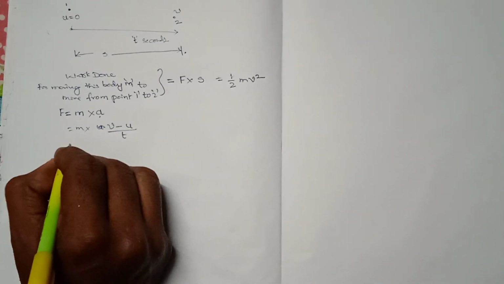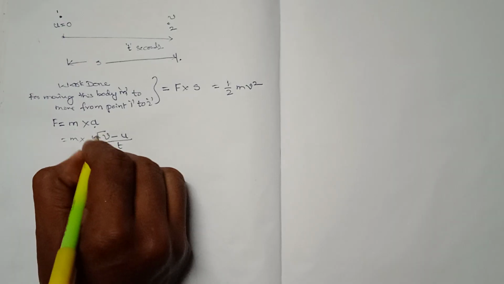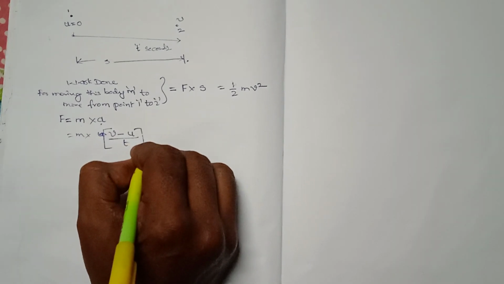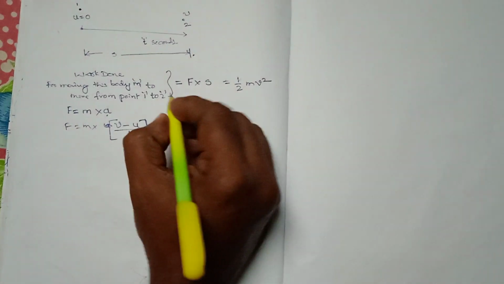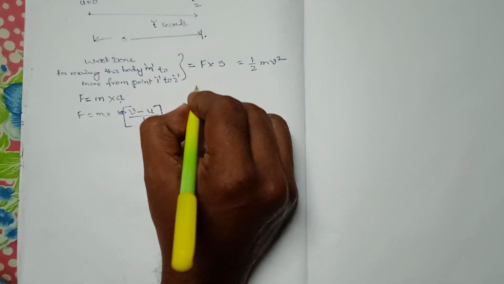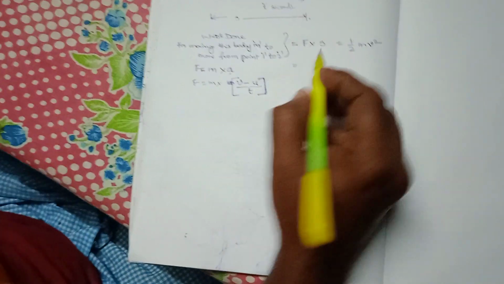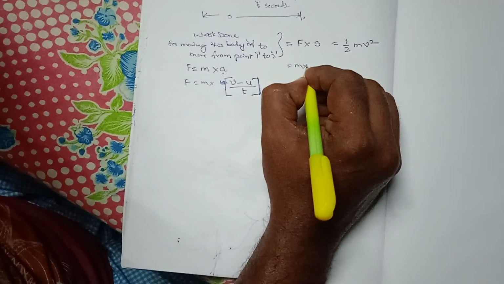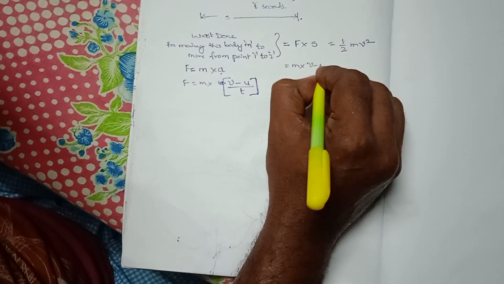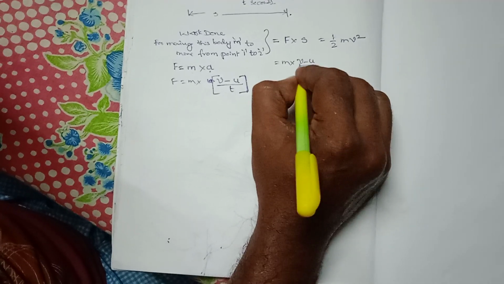Force is equal to mass into acceleration, that is m into (v minus u) by t. Now placing the value of force here, it is mass into (final velocity minus initial velocity) by t.